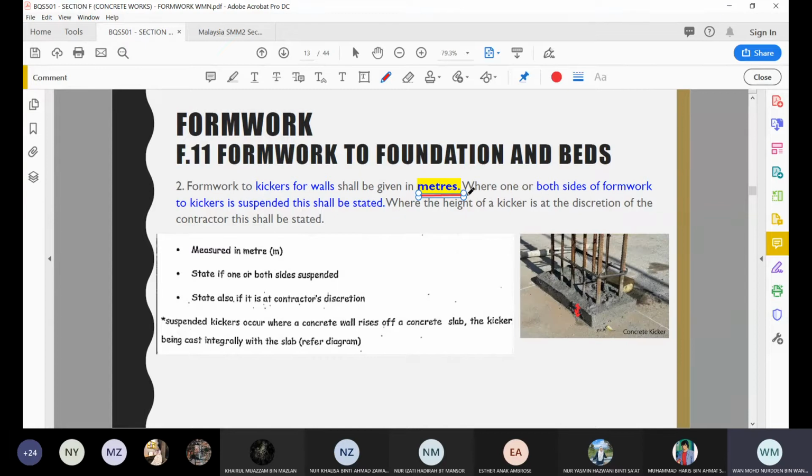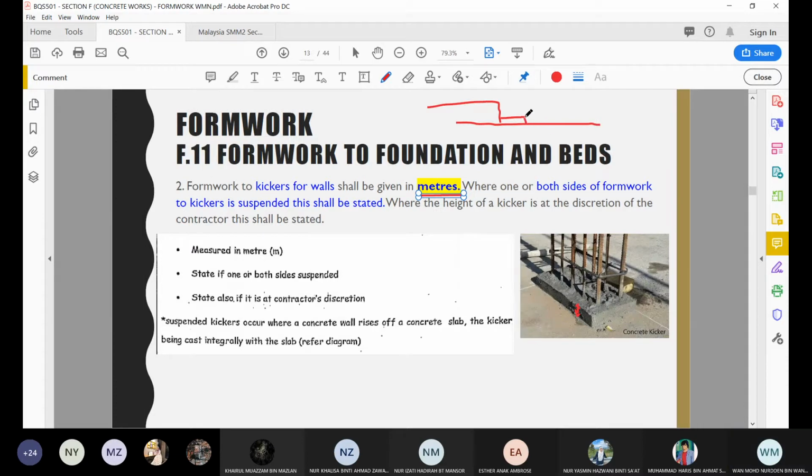So unit dia dalam meter where one or both sides of formwork to kickers is suspended, this shall be stated. Apa maksud dia? Katakanlah kita buat kickers ni, and one side dah ada structure ataupun ada any kind of concrete component yang mana sahaja yang kita support dengan formwork. Katakanlah kita buat slab, kawasan ni dah ada something else lah, wall ke apa ke tak kisah, and then kita buat kickers kat sini.